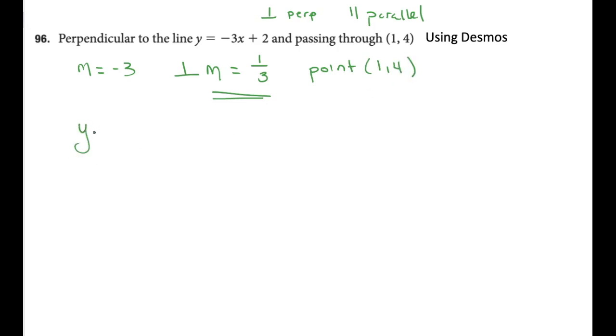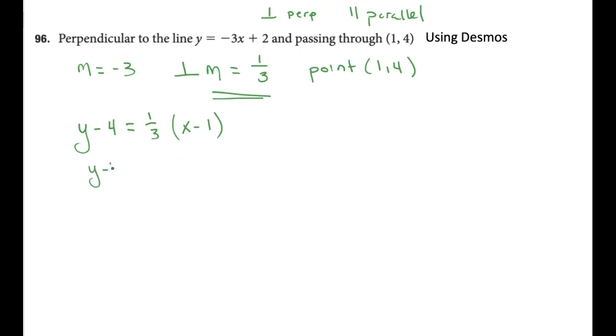So now we're going to say our new line is y minus y1, which is 4, equals the slope, which is 1/3 now, not negative 3, but 1/3, times x minus x1, which is 1. We just need to work this out and put it in slope-intercept form.